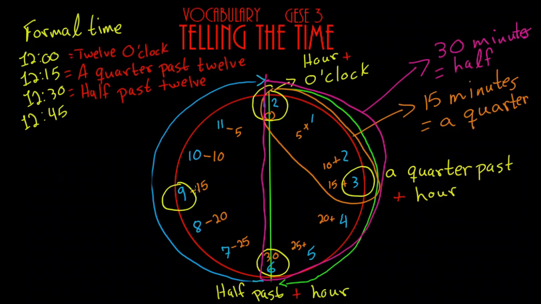And so now we're going to look at this one. This one is similar to that one. What happens? We write also a quarter, but we don't write past.